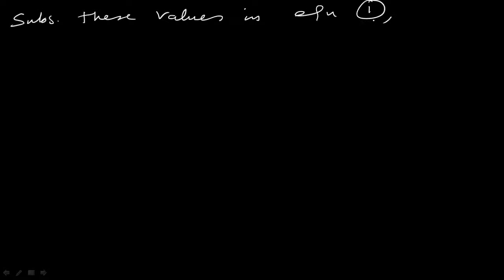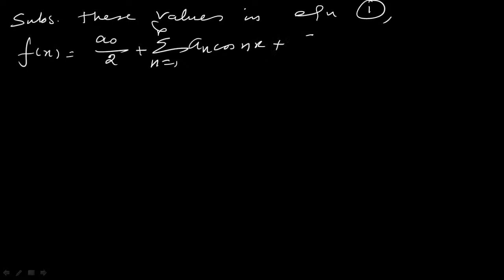Now substitute all these values in equation 1. We get the Fourier series representation of the given function. So your first equation is f of x equal to a0 divided by 2 plus sigma n varies from 1 to infinity an cos nx plus sigma n varies from 1 to infinity bn sin nx.